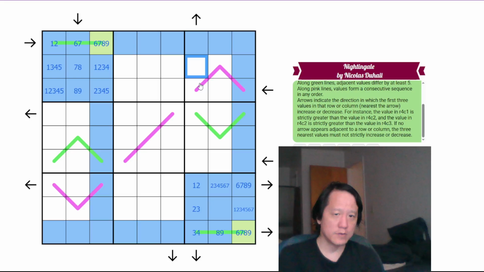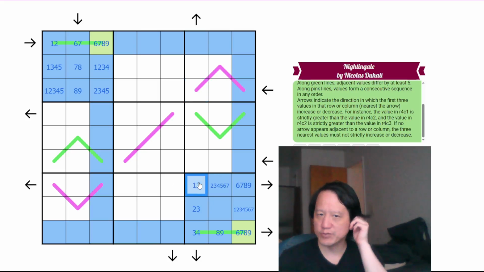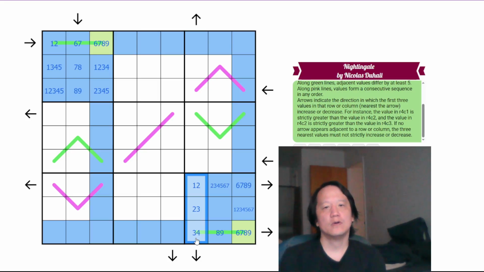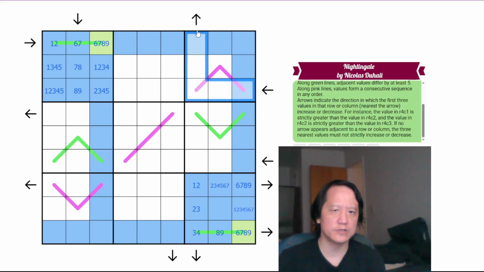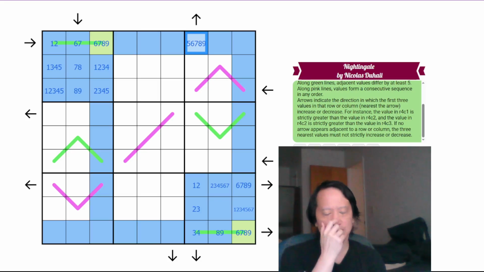And these values, well, we can't have more than one digit here that is 4 or less, because we already have 3 digits in the column that are 4 or less. Also, it must be increasing from here to here. So there are at least 3 digits that are guaranteed to be smaller than it. So this can never be 1 through 4. It's 5 through 9. We can't even have 5.